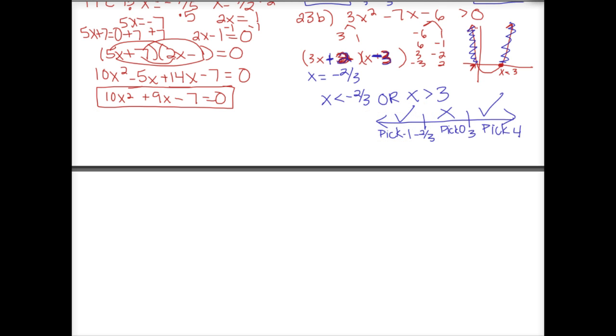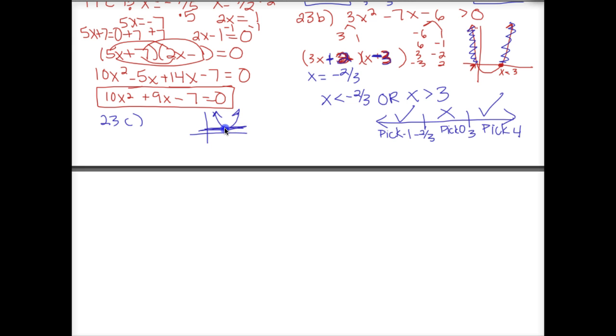Just another tip on 23C. This is something that we had on the extra credit. If you try to solve this graphically on 23C, your picture looks like this, and the symbol is a less than, or actually it hits the axis, sorry.